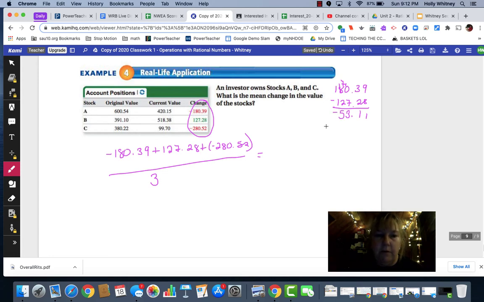So I have negative 53.11 plus negative 280.52. They're both negative, so I can add them. That gives me $333.63. Again, all negative.